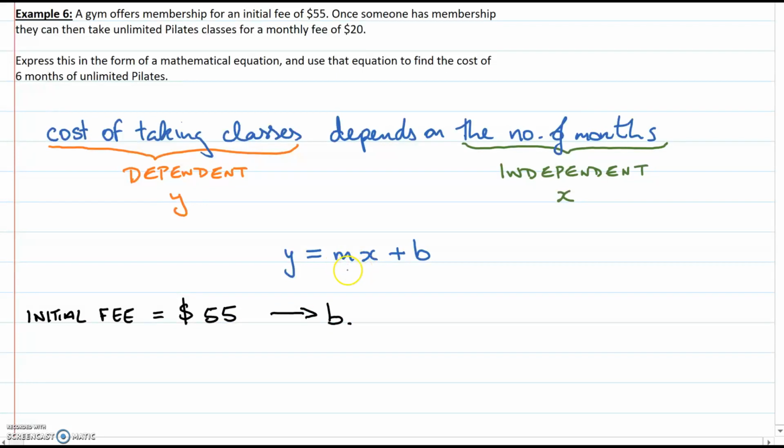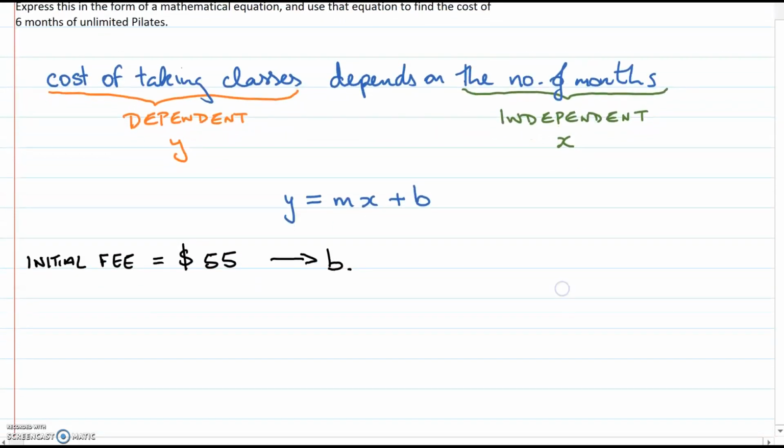M represents the slope when we're talking about a graph, but in the word problem it represents the change. Okay, it represents how much, in this case, the fee changes by. And if we look at the question again, once someone has membership, they can then take unlimited Pilates classes for a monthly fee of $20. So the monthly fee, the change every month, is $20. It increases by $20 every month.